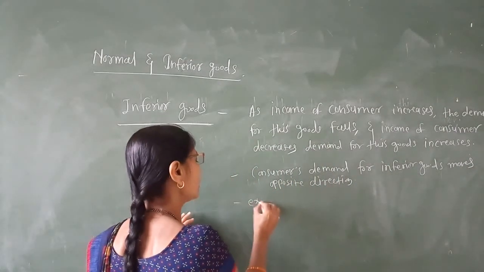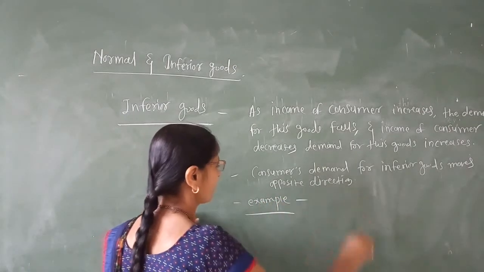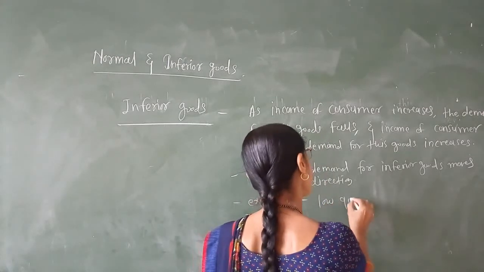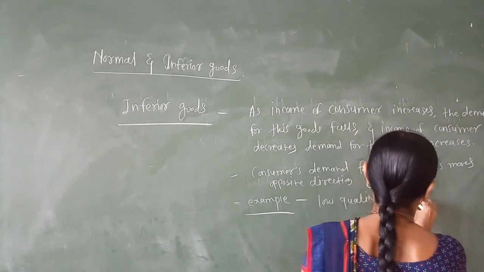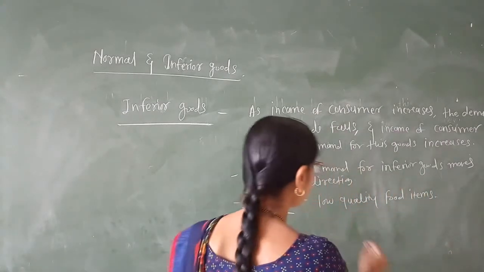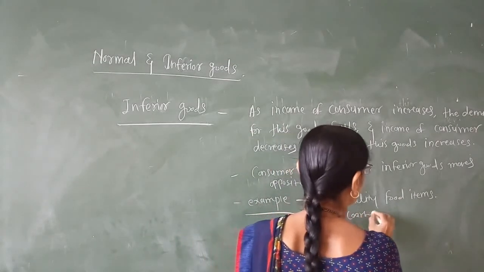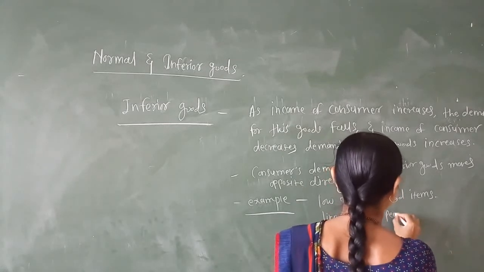For example, low quality food items like coarse grains, or maybe pearl millet.